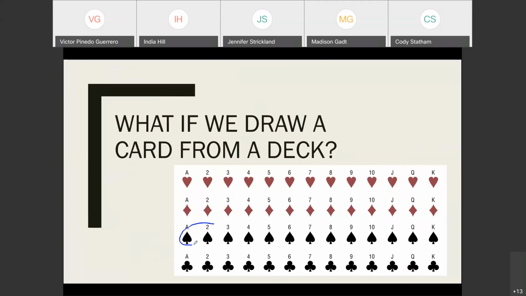Always get confused there. Okay, those are clubs, right? All right, and then the other one was what? Kings. Okay, and so here are the kings.